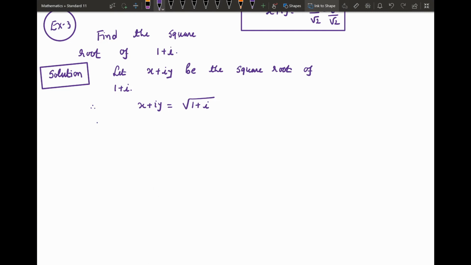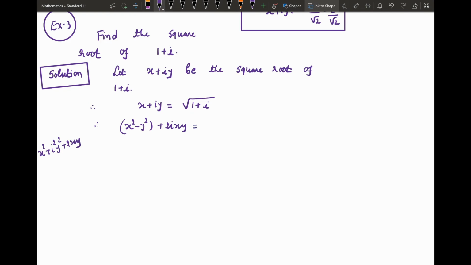As usual, squaring both sides, x plus iy whole square, i square equal to minus 1, so x square minus y square. Expansion is x square plus i square y square plus 2xy using a plus b whole square, and i square equal to minus 1.